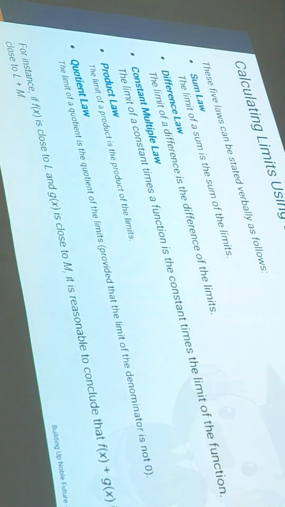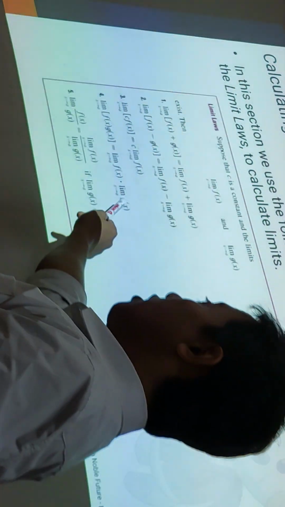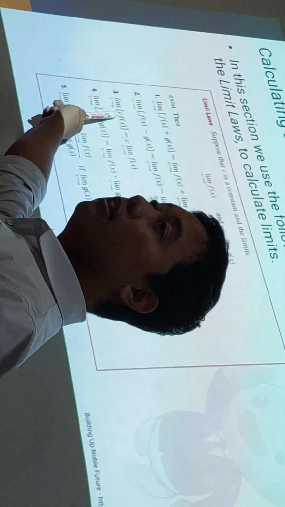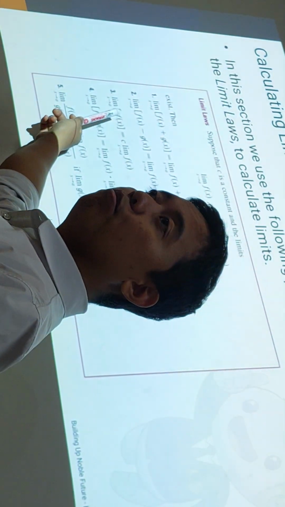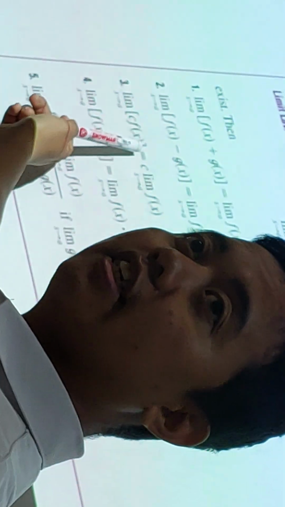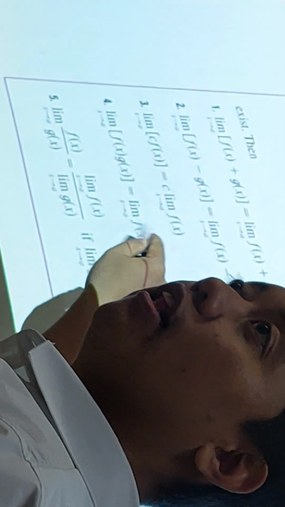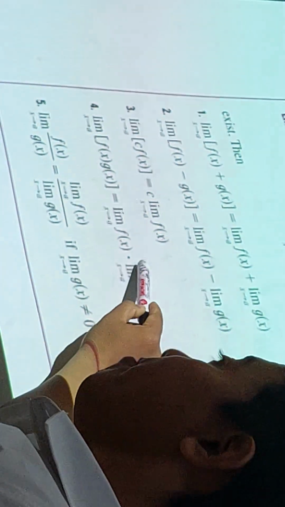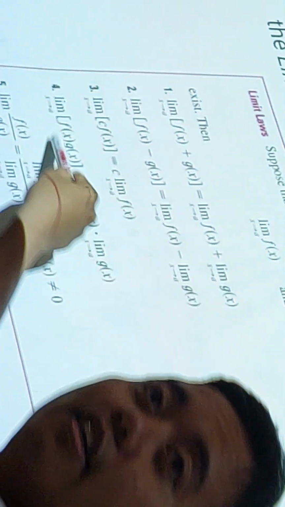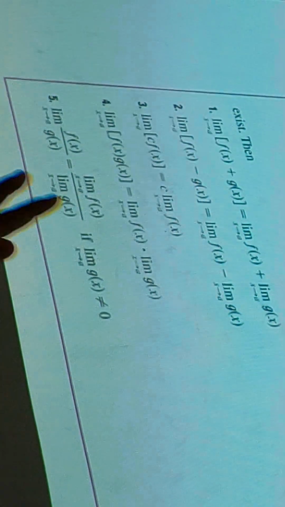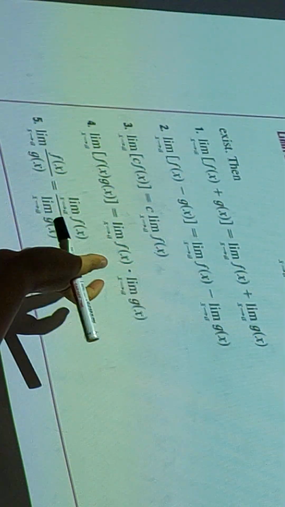Limit of c times f(x) equals c times limit of f(x). You just remember the nature of this kind of law.